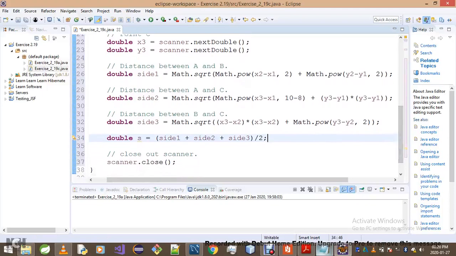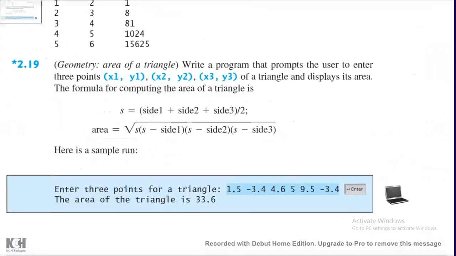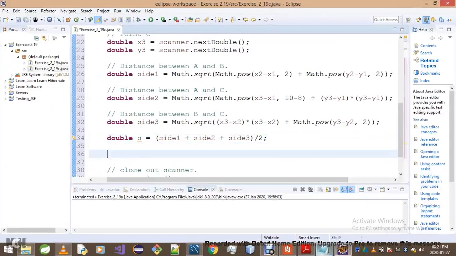Now, what else do we want? We want to find our area now. Of course, we can simply give out our solution now, simply by, okay, let's just go double area. Like spaces in between the lines.